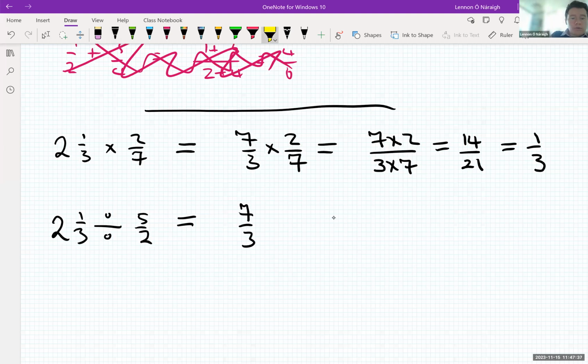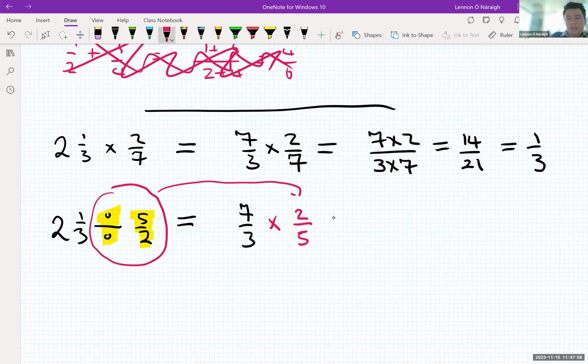And the rule for division, you take your fraction and you flip it around, and you multiply. So dividing is the same as flipping around and multiplying. And now I multiply the upstairs and the downstairs. So this is 14/15. And that's my final answer.